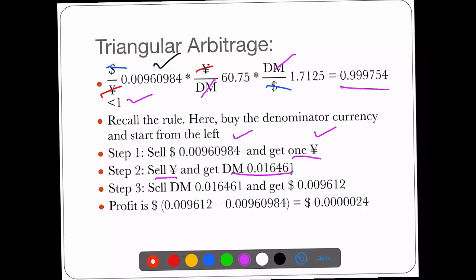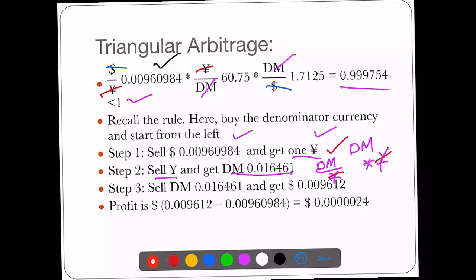This is an important step, and it's a bit different from the previous one. Now, in the second step, the final currency we need is Deutschmark. So that currency we need in the numerator, and the setup should be such that Deutschmark divided by yen is multiplied by the yen, so that the yen in the denominator gets cancelled with the numerator yen, and we are left with the Deutschmark.